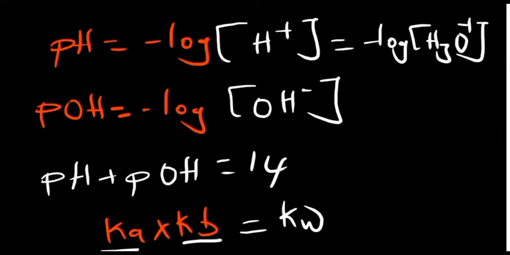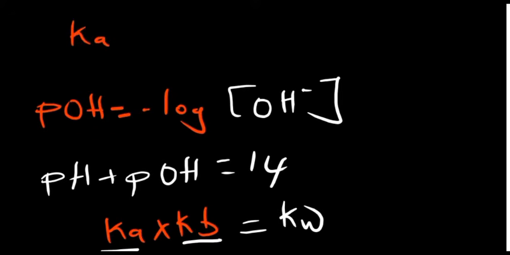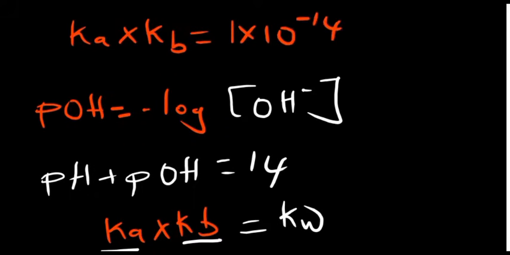Under standard conditions, the product of Ka and Kb is equal to 1 times 10 to the power negative 14. That is also very important for you to understand. So these are some of the basics. Others you will meet as we look at the practice questions.